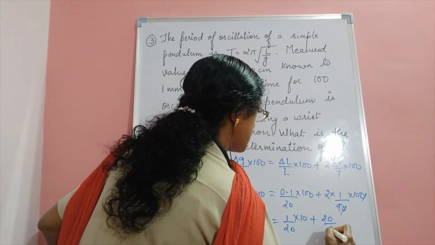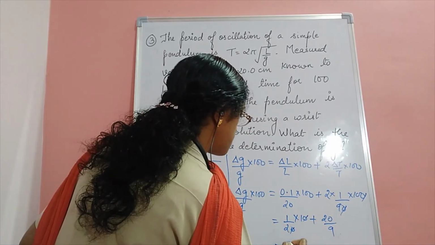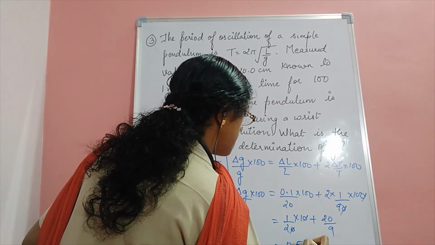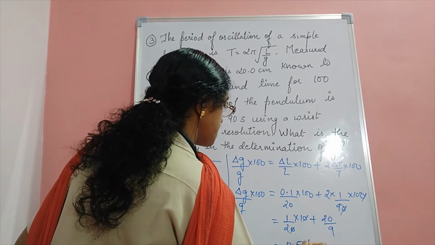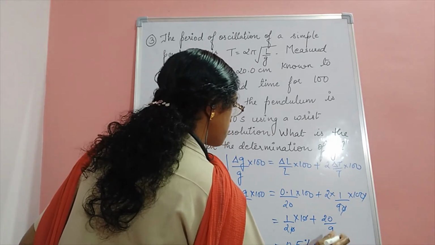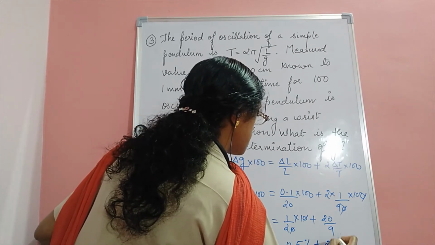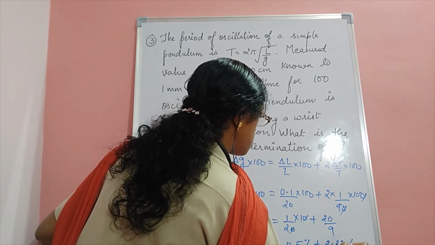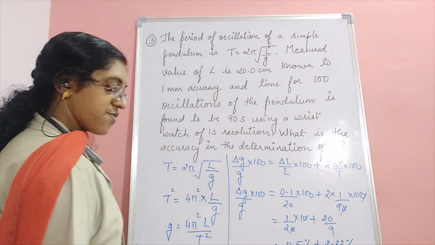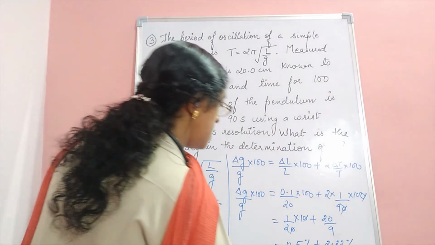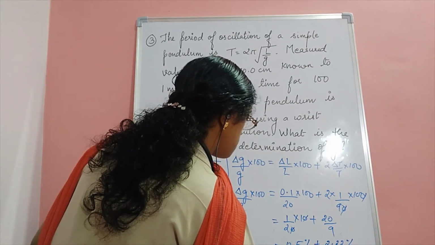So what do we get? 1 by 2 is 0.5 percent, plus 20 by 9 would be 2.22 percent, right? So what would be the final result? It would be 2.72%.